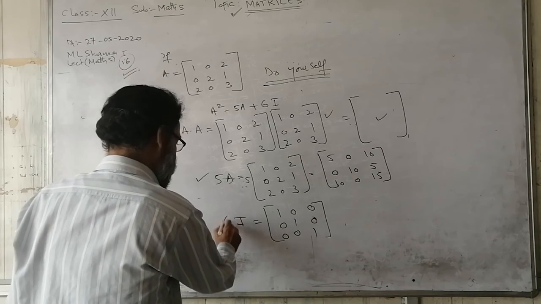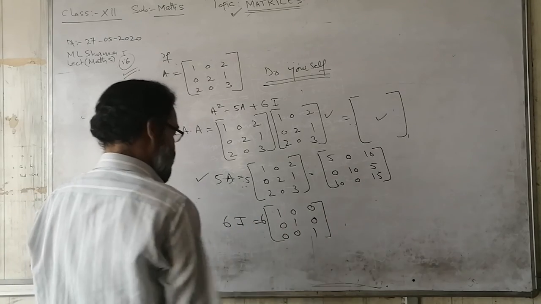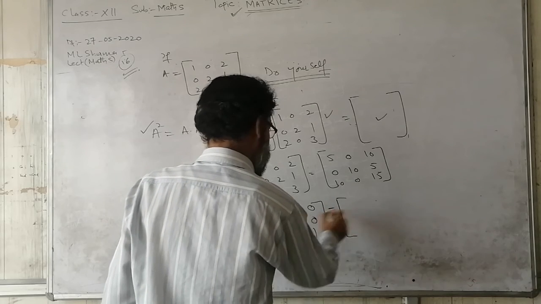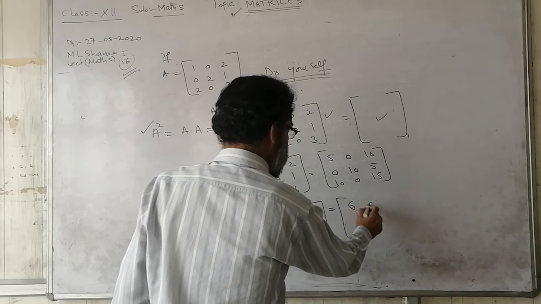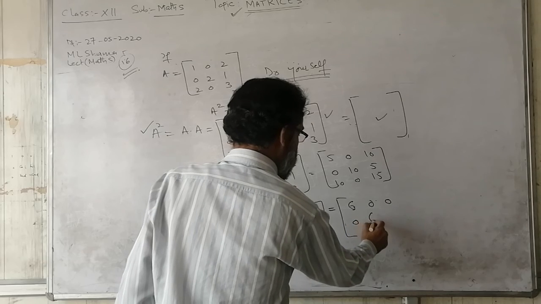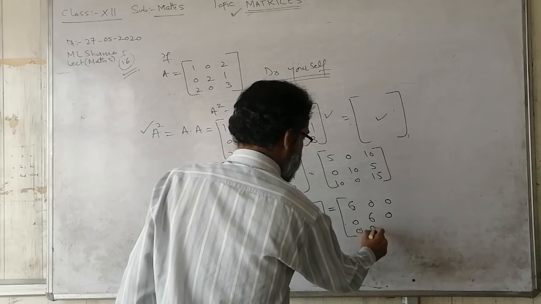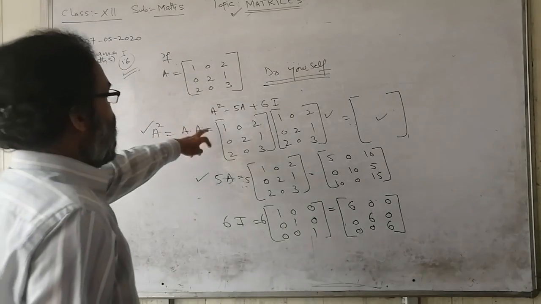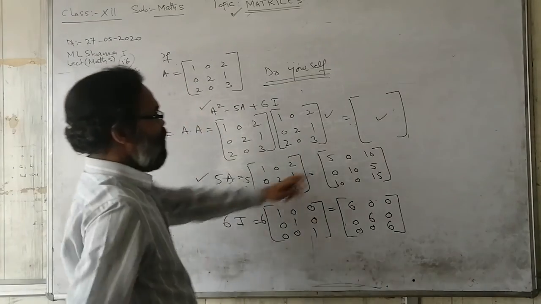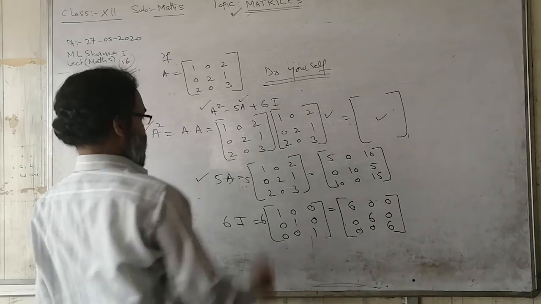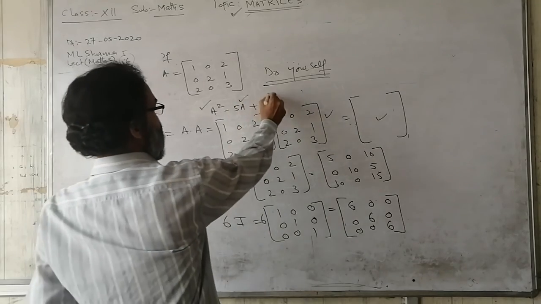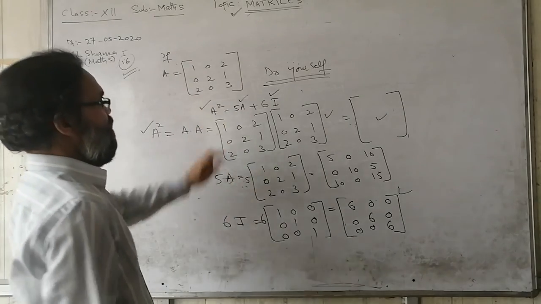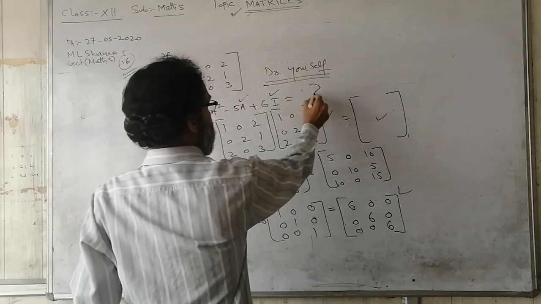So I have to multiply this by the scalar 6: 6 0 0, 0 6 0, 0 0 6. So A square value is known to you, 5A value is known to you, and 6I value is known to you. Substitute these three values here, you will get the answer.